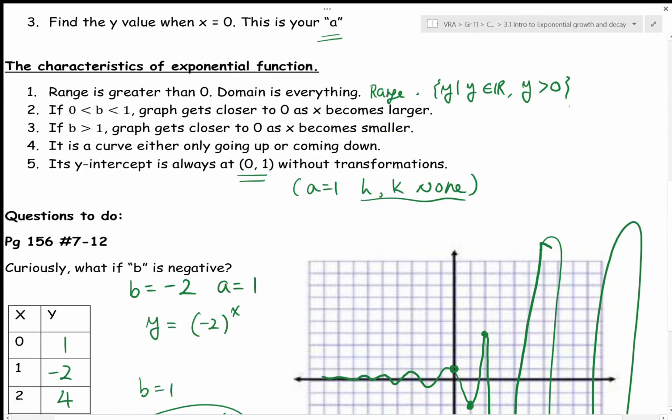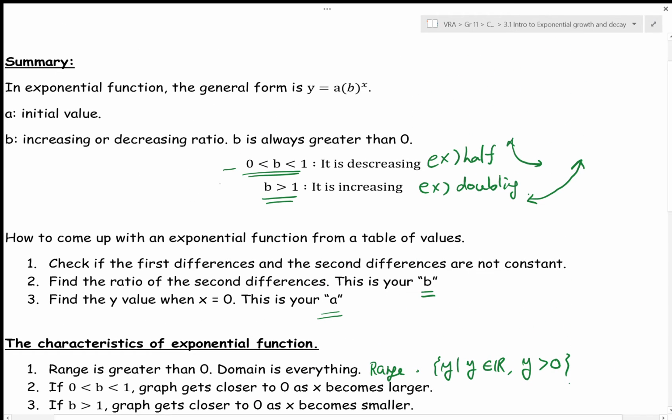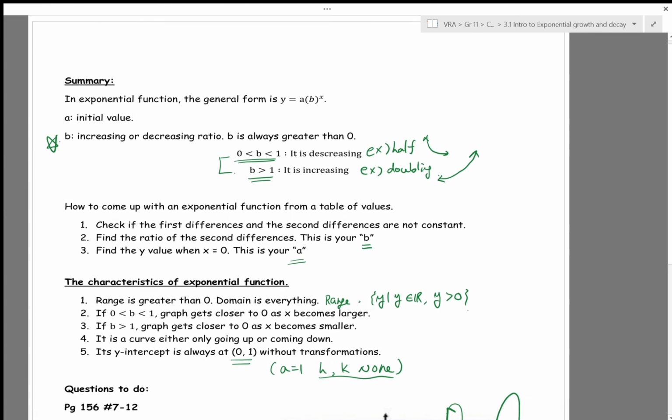That's why I said b cannot be equal to 0, since 0 to the power of anything doesn't exist. If b is greater than 1, then it's increasing, and if b is between 0 and 1, it's decreasing. As long as you remember these, you should be okay for this section.